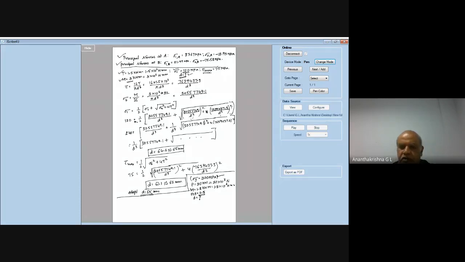Factor of safety is 2.5, so therefore the design stress, or allowable stress, is what? That is equal to sigma y by factor of safety, that is 300 divided by 2.5. Somebody give me this value of 300 by 2.5.